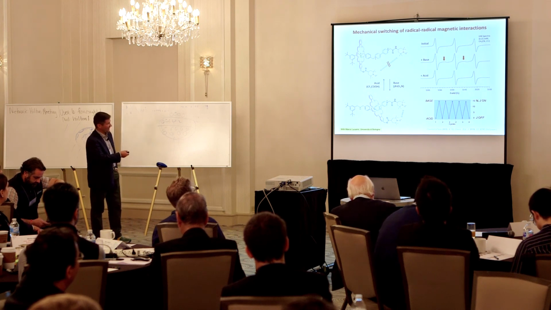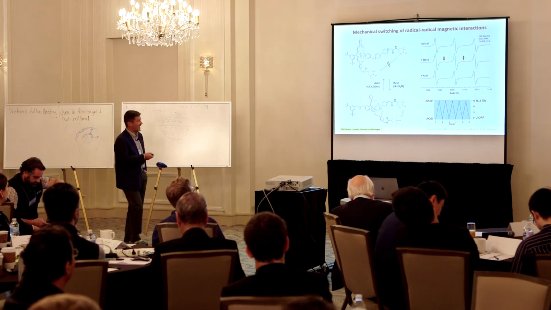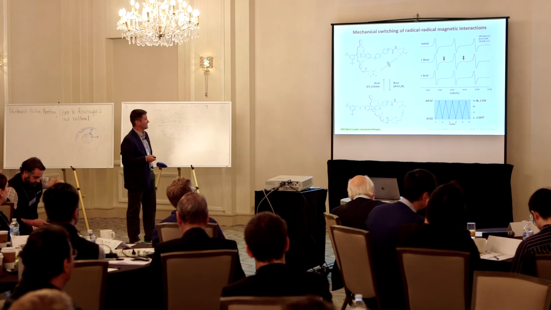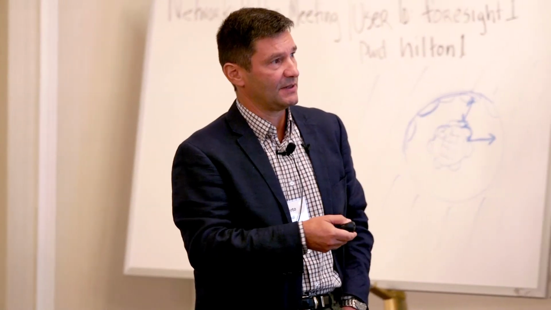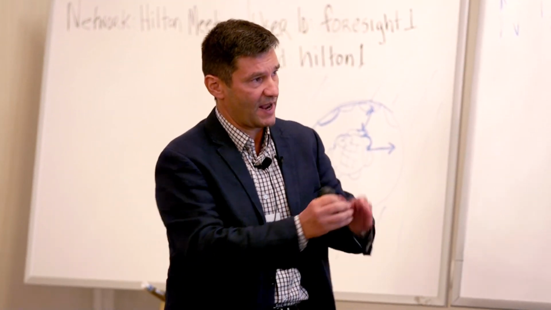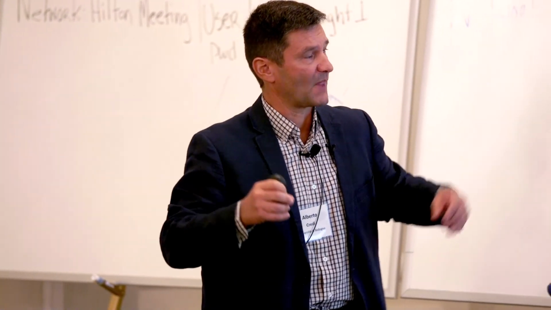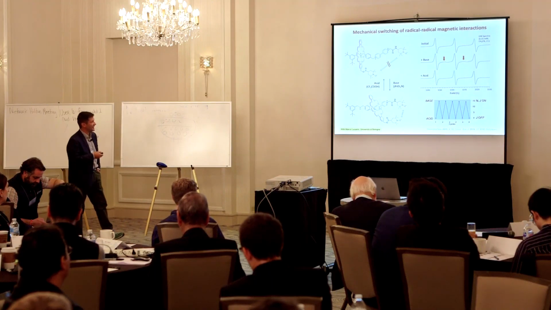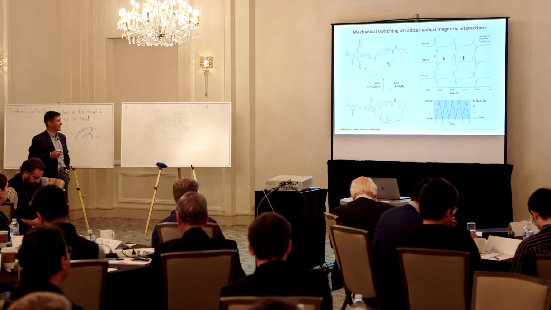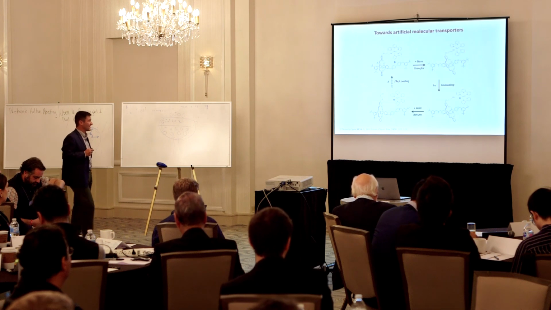If they are close enough, their magnetic dipole can interact, and you can see a change in the EPR, the electron paramagnetic resonance spectrum. And if you change the conditions, you can move the two radicals apart, and this interaction disappears. So we can mechanically switch on and off a magnetic interaction in this system.